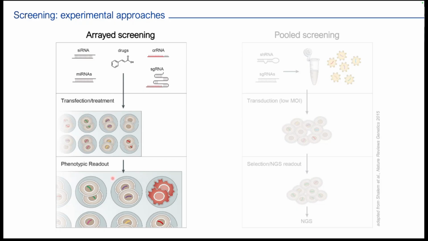And then what we analyze after is the consequence of this treatment to the phenotype of the cells. So we call this one perturbation, one well approach. And here, the advantage is that we'll have a homogeneous population responding to a single stimulus.